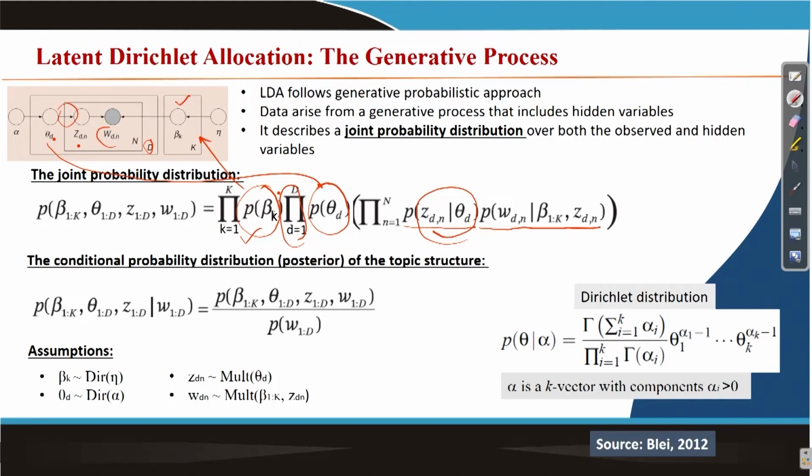And WDN, when it is generated, takes input from ZDN as well as beta k. So it is conditional to two things, beta as well as ZDN. This is the way probabilistically these things are written. Okay. Now the joint distribution means basically the word in a document of a particular topic. Okay.